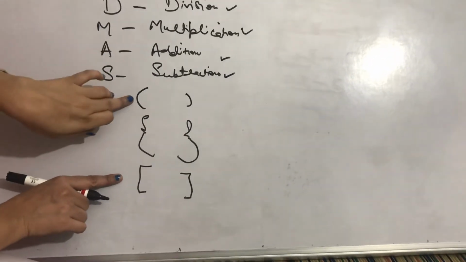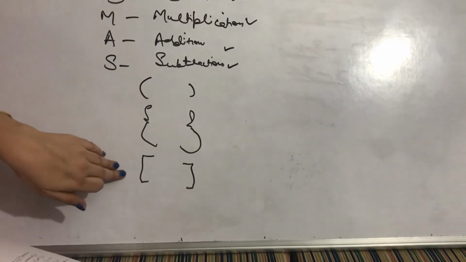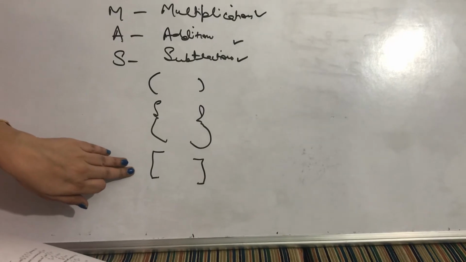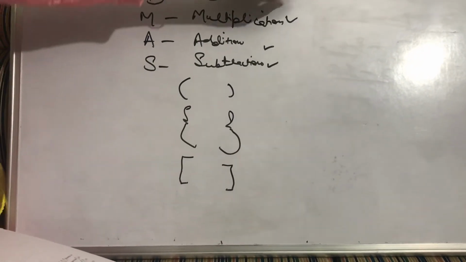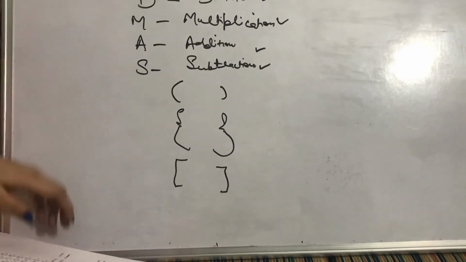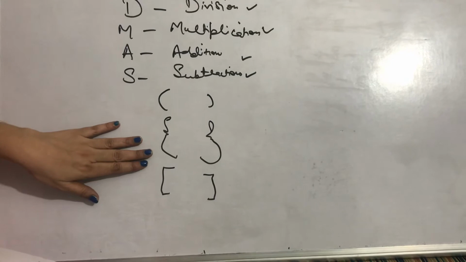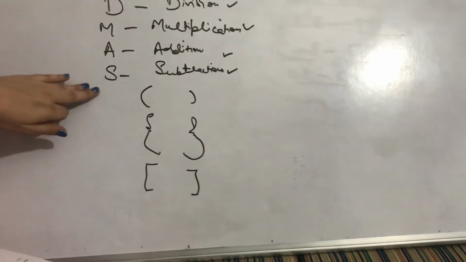First we will solve round brackets, then curly, then square brackets. So the order of simplifying is, first of all, bar. First of all we will solve bar, then all brackets, then division, then multiplication, addition and subtraction.